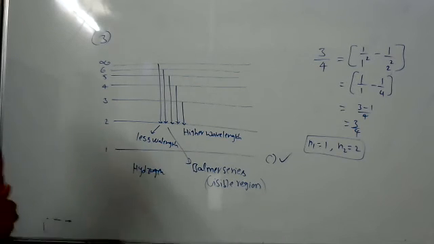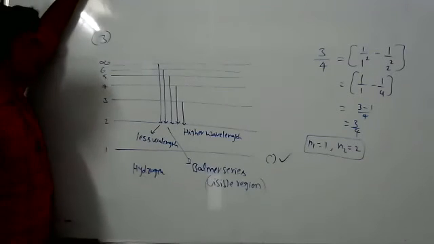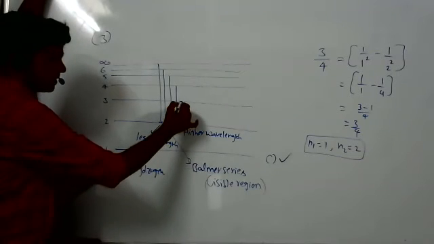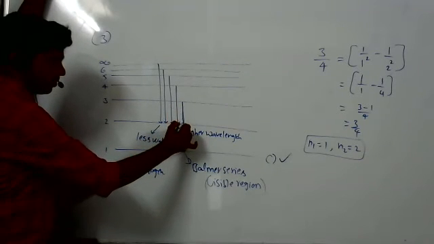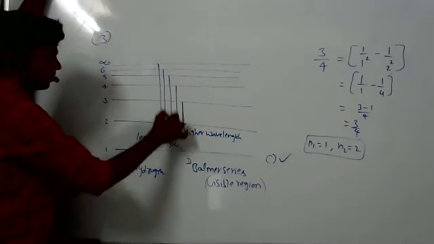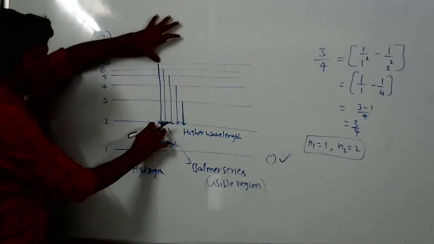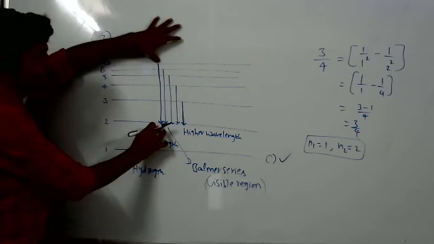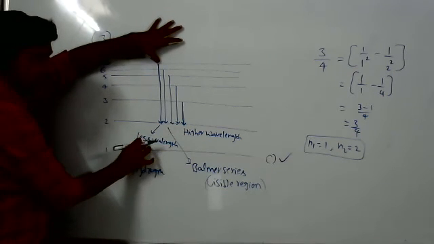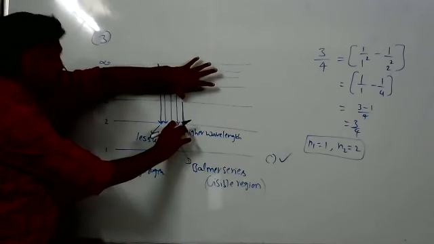Sir? Yes, tell me. Can you explain this once more? I did not understand. So the first line obtained in Balmer series is this line, energy level 3 to 2. Next 4 to 2, 5 to 2. This is infinity. This line here energy gap is more, no? From infinity to second level means high energy. This having low wavelength, less wavelength. This line having less energy, high wavelength.